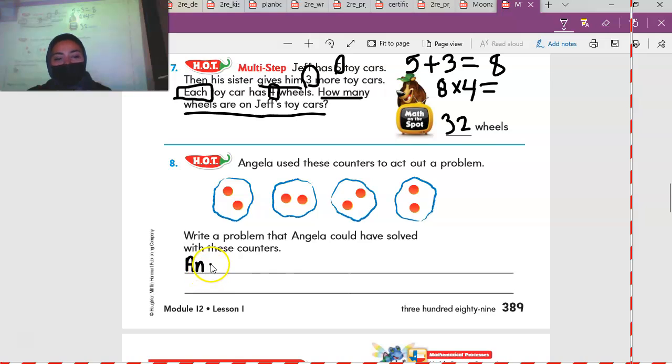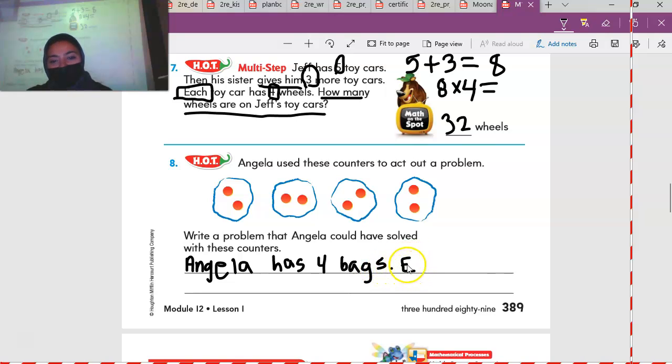I asked how many bags, not how many things are in the bag. There's 1, 2, 3, 4 bags. Angela has 4 bags. When we multiply, what's that key word I told you that means multiply?